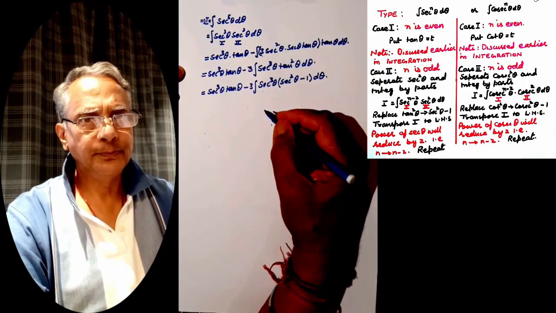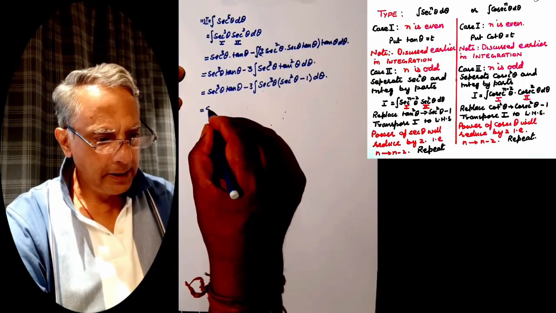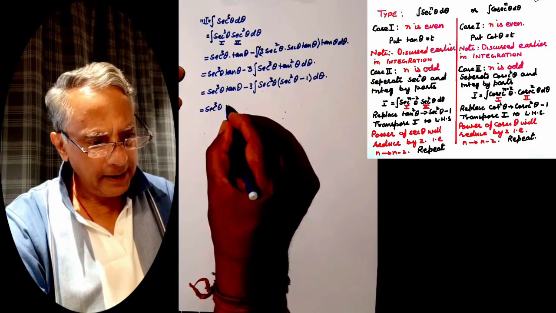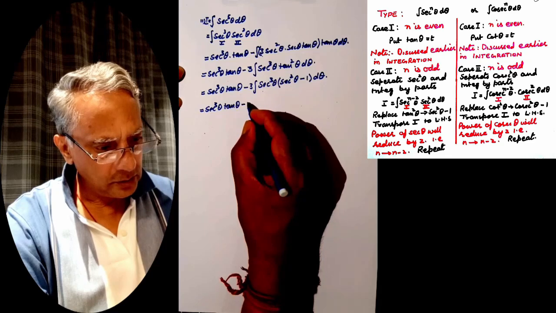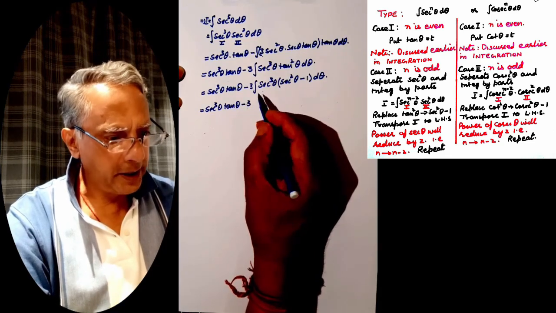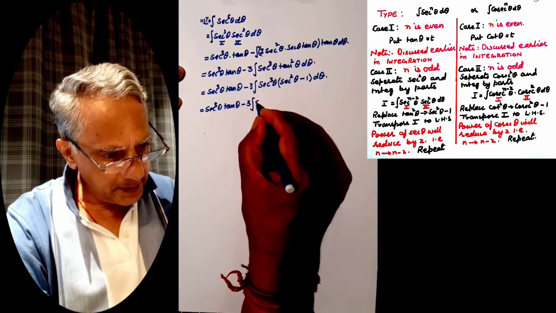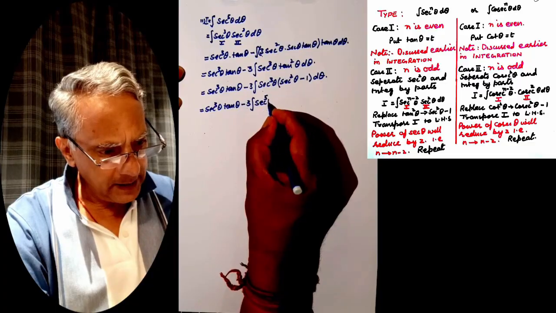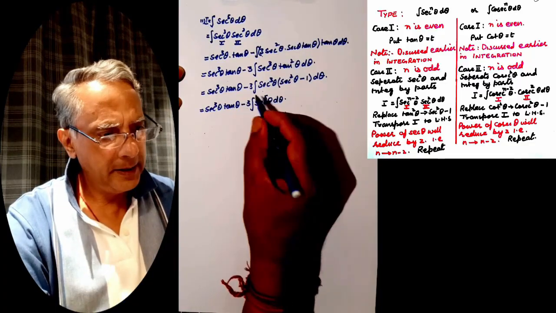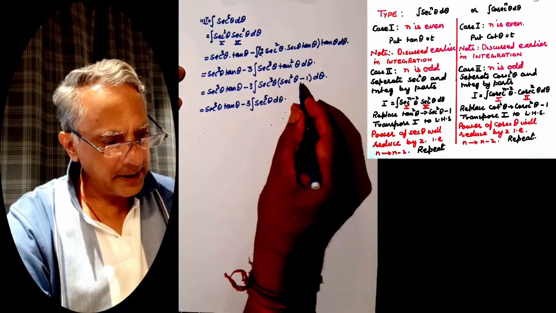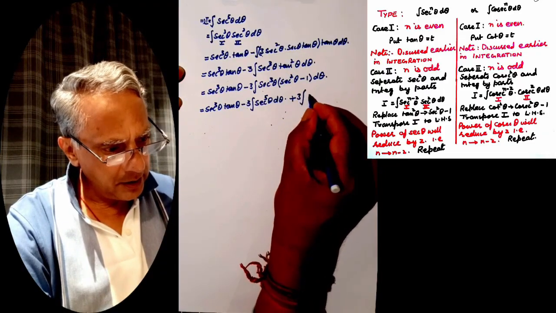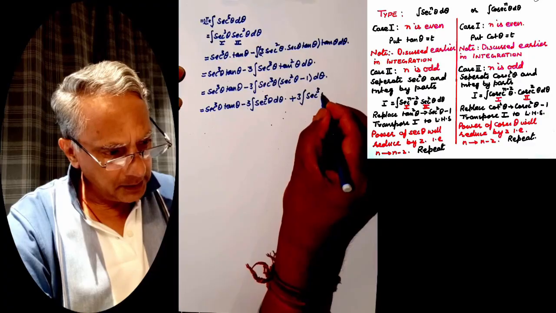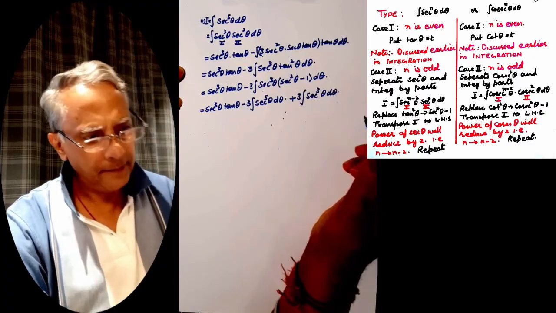So this is equal to secant cube theta tangent theta minus 3 into integral of secant to the power of 5 theta d theta, minus minus plus 3 integral secant cube theta d theta.